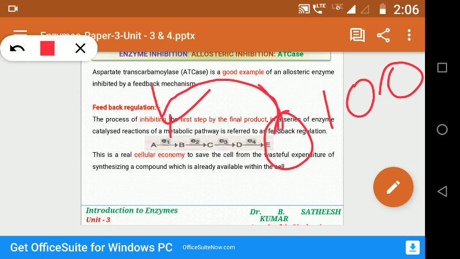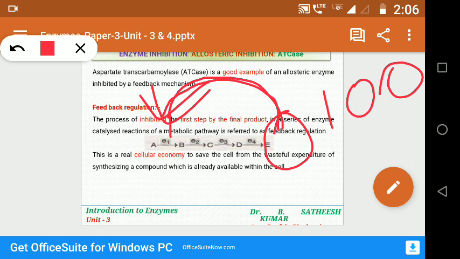Here E acts as an allosteric inhibitor and binds to E1. Therefore, E1 becomes inactive. Once E1 is inactive, A is not converted to B, and therefore the complete pathway will be shut down.